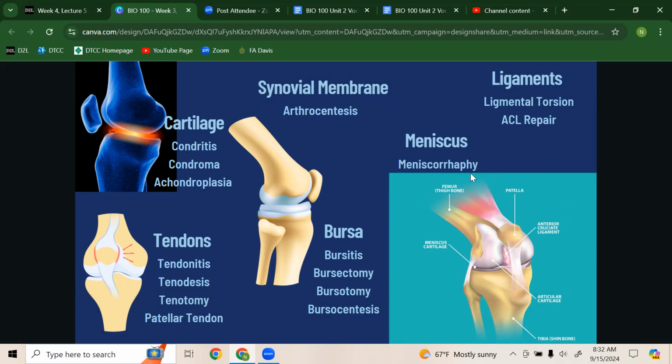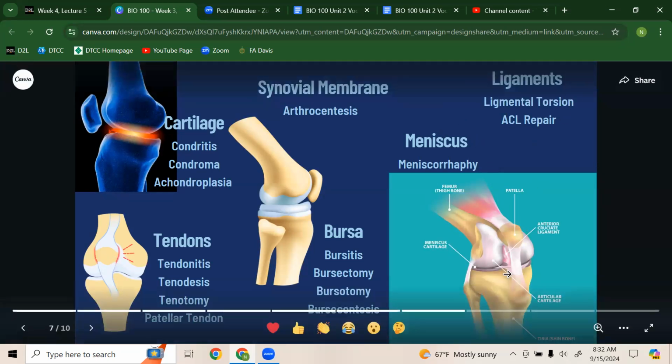And then remember this one from earlier, this is our weird one, raphe, that's our suture. So a meniscorrhaphy is a meniscus repair, or putting a suture into the meniscus. You'll also sometimes hear of a meniscectomy, where they just cut out a portion of the meniscus that has a tear.